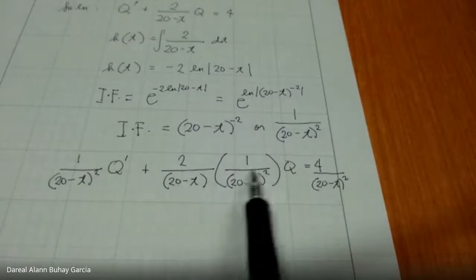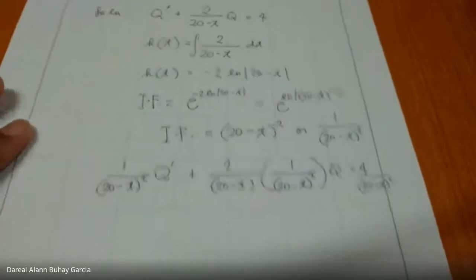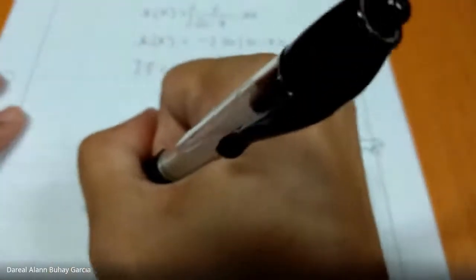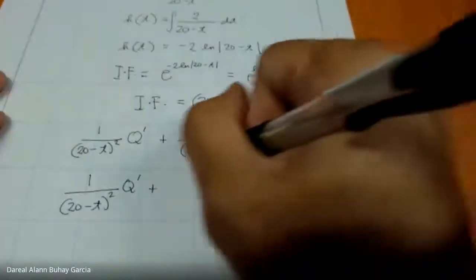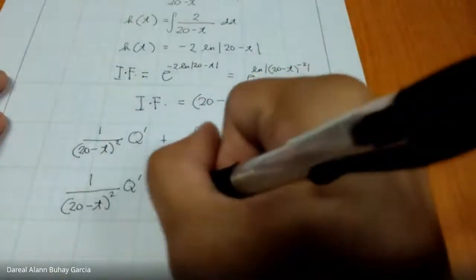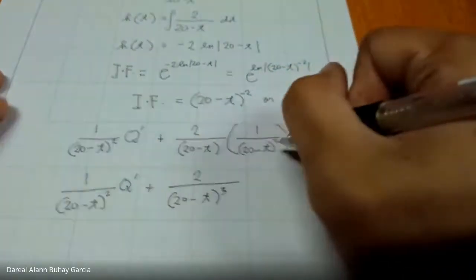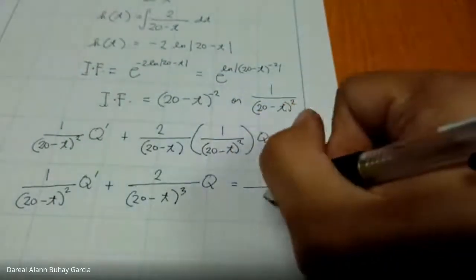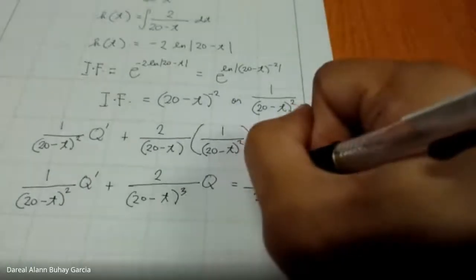Even if we don't simplify this, okay, simplify: 20 minus t squared times q prime plus 2 over 20 minus t cubed q is equal to 4 over 20 minus t squared.